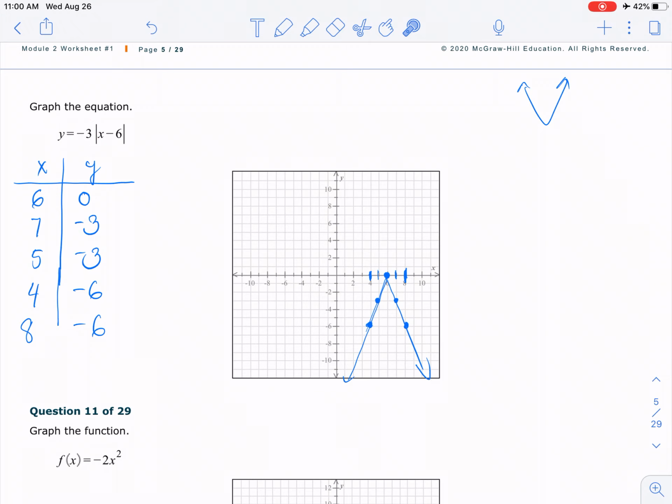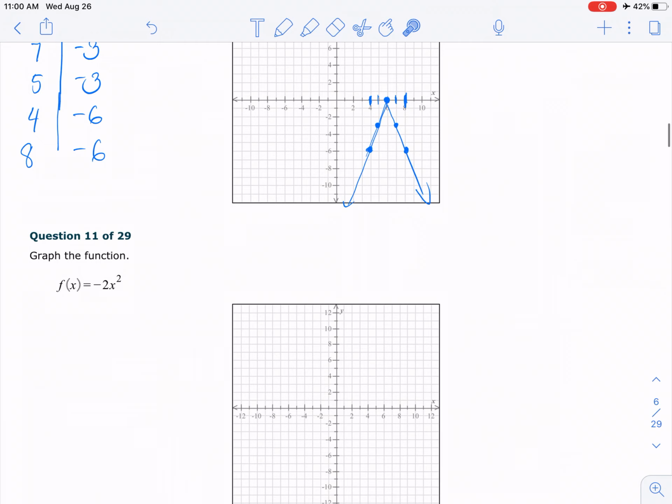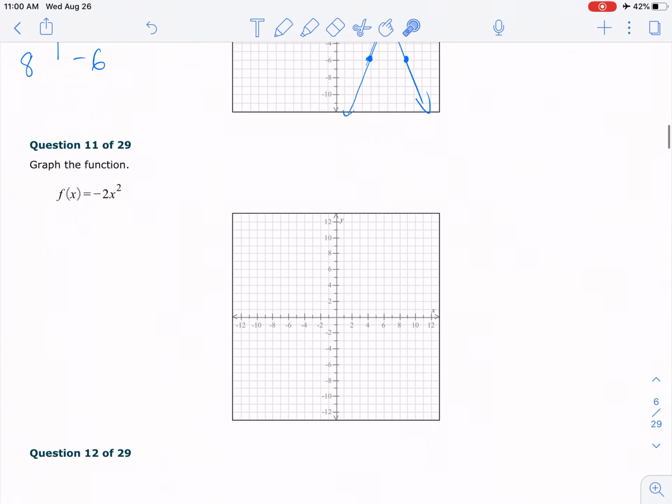Okay, we're going to do the same thing for a parabola. So we locate the vertex. Okay, I just want to remind you something.